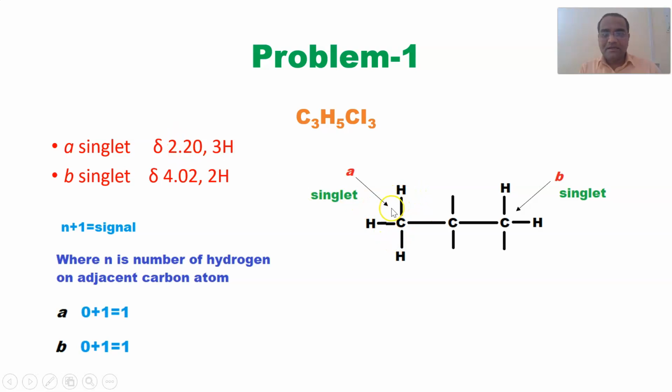This CH3 has a little bit upfield value, but this CH2 has a downfield value, and the reason is that it has a substitution of chlorine. As an electronegative atom gets attached to a carbon, the value goes downfield. Okay, now we will place the chlorine, and this is our final structure.